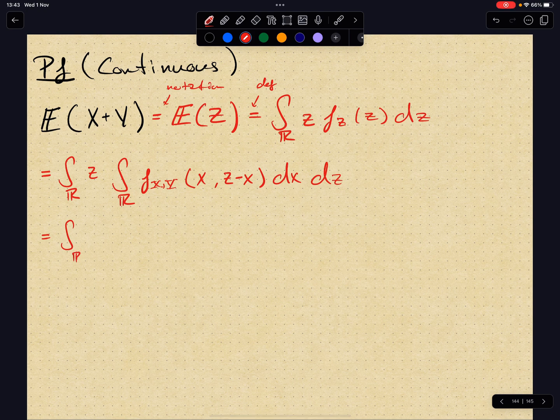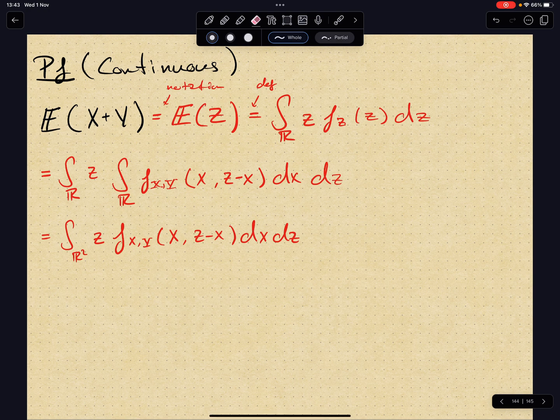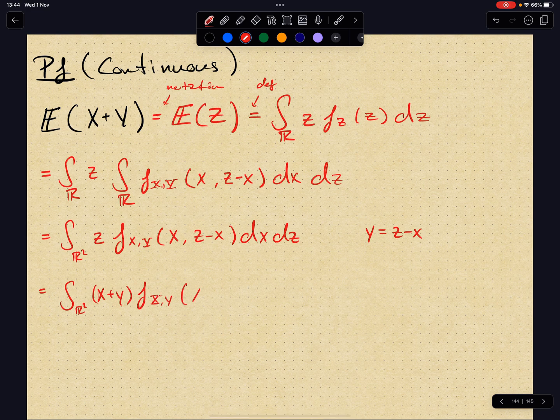So this is an integral over R2 of z times f_XY of x, z minus x, dx dz. And now we need a u substitution. We write y is equal to z minus x, and then this is a double integral over R2 of x plus y times f_XY of x, y, dx dy.